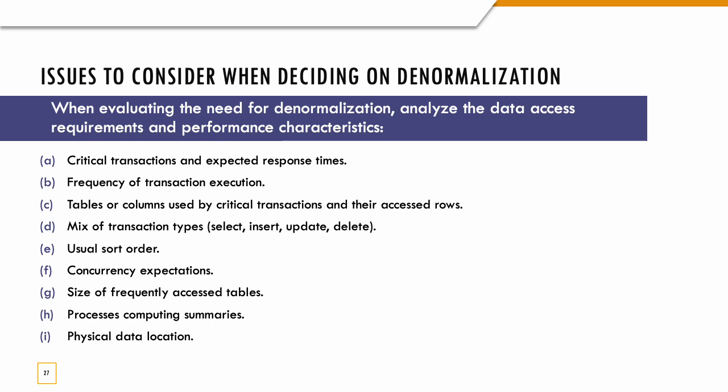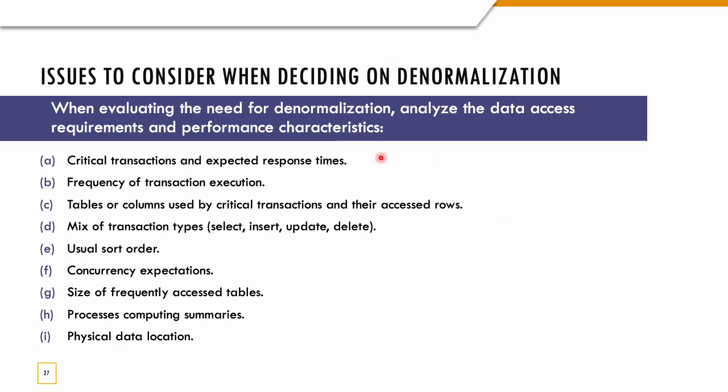There are some issues. When deciding whether to denormalize a table, it's essential to assess both the application's performance needs and the specific data access patterns. So there are some key factors included in this case.